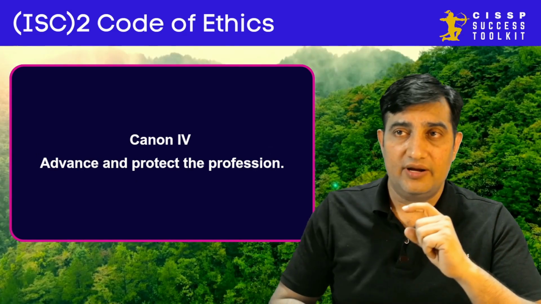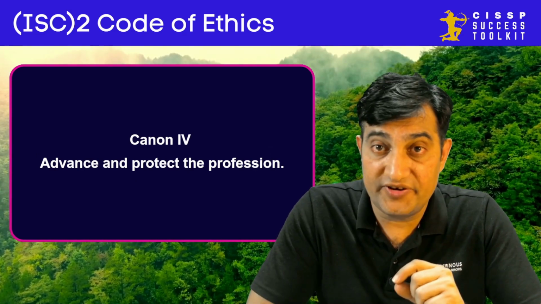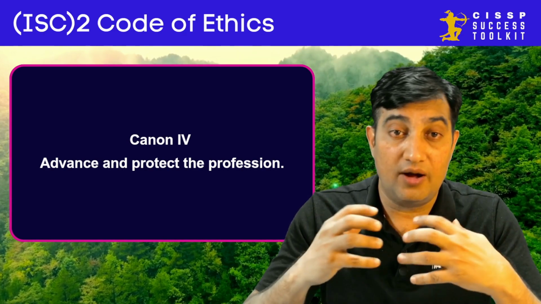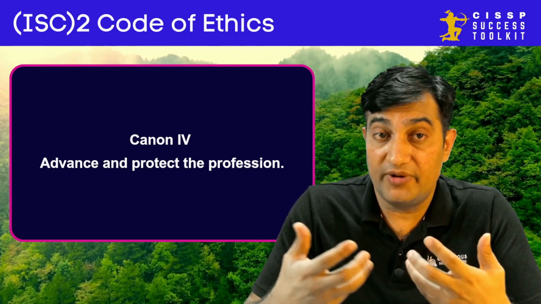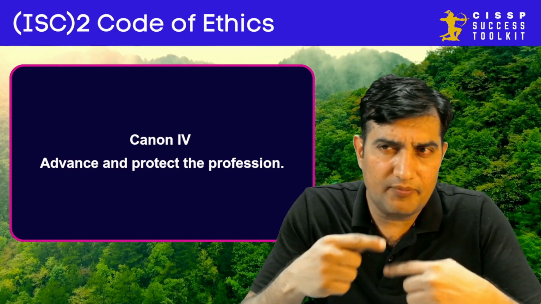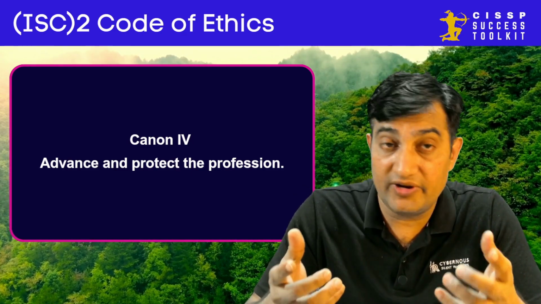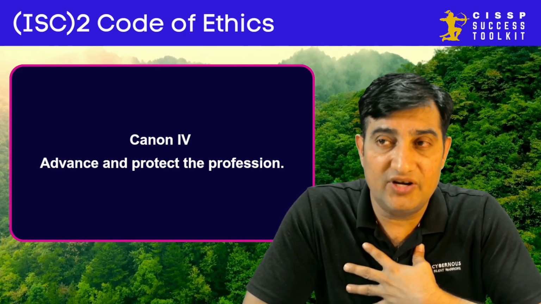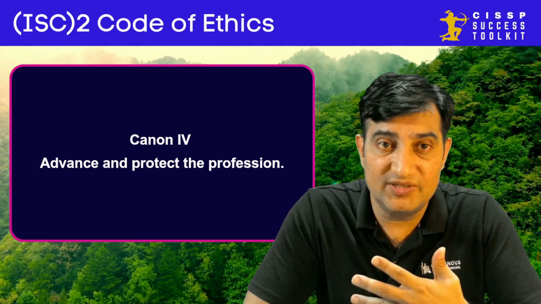The last one is advance and protect the profession, which means that all the time you have to strive to update your knowledge, keep yourself updated with the knowledge to counter the upcoming challenges always in cybersecurity, number 1. And second thing, you have to always be an ambassador of cybersecurity. You have to promote this particular culture.